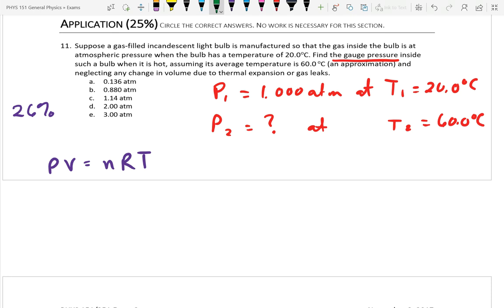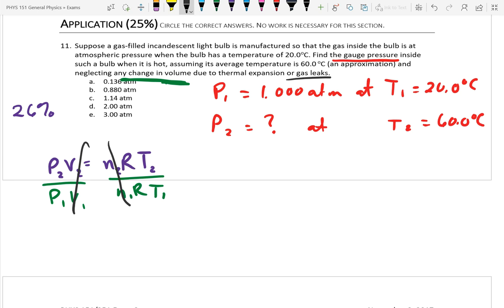What we do is we just say P2 V2 = n2 R T2, divided by P1 V1 = n1 R T1. And then we take the fact that it tells us no change in volume, which means that my volumes are going to cancel. And it doesn't leak, so my n's don't change. And of course, R is a constant. And I'm going to have P2 is equal to P1 times T2 over T1.